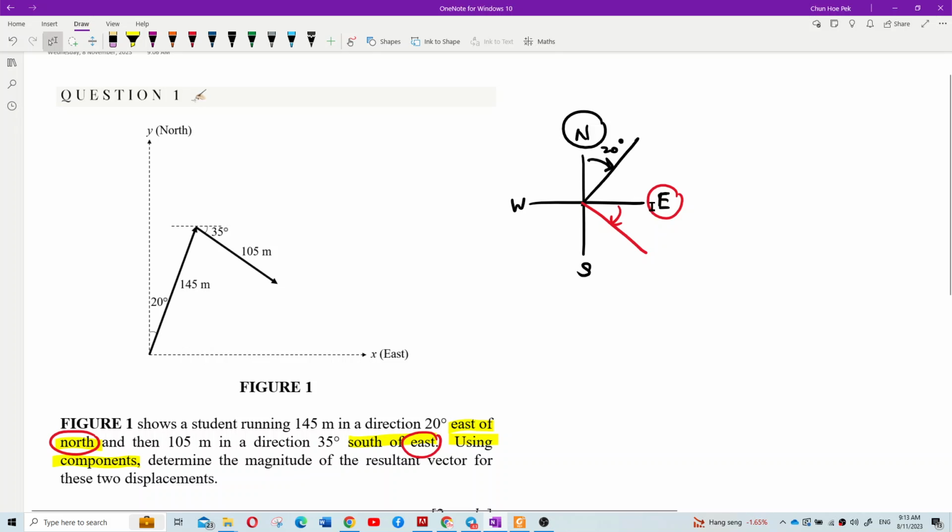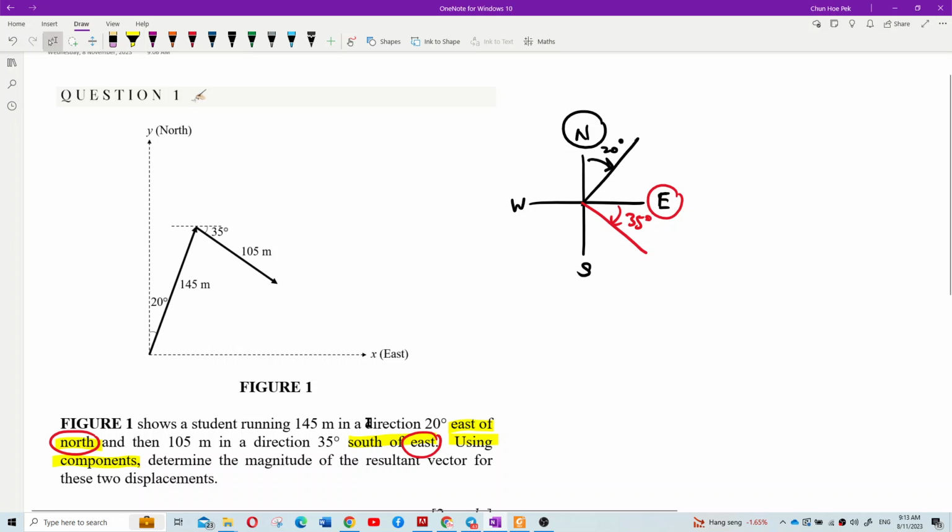South of east, 35. So it is correctly shown, right? 20 degrees east of north, correct. Just shown by the diagram correctly. And this one, 35 degrees south of east, is also correct.